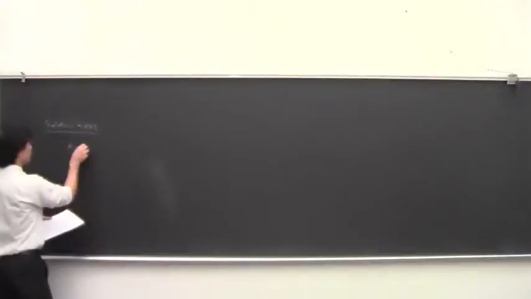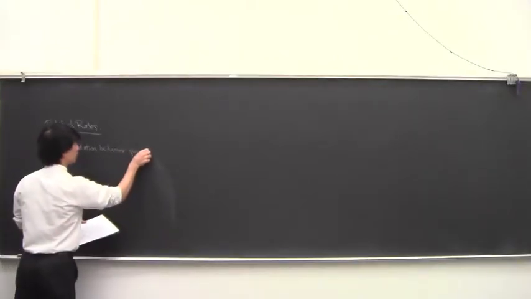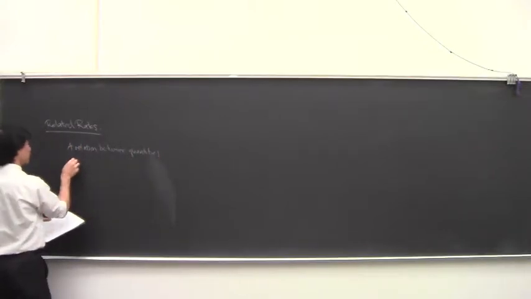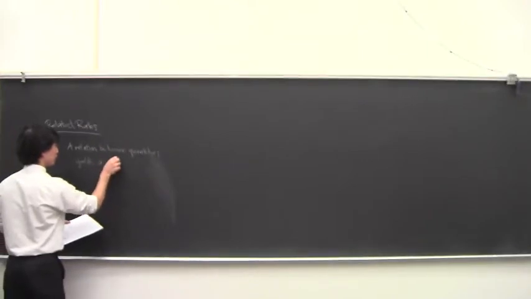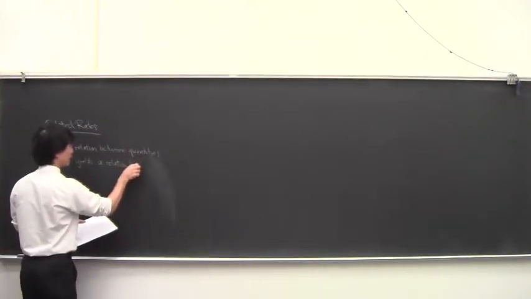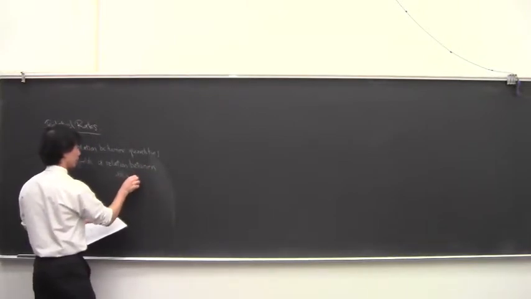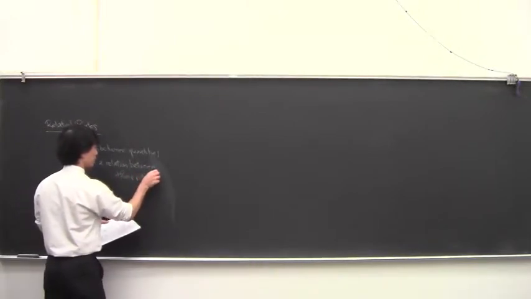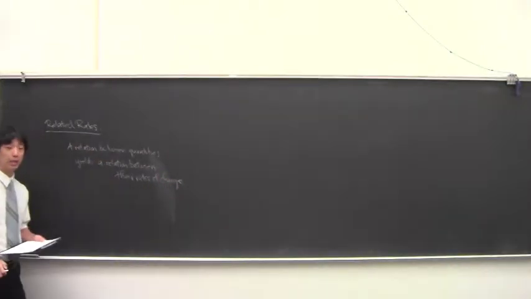The idea is like this: a relation between quantities yields a relation between their rates of change.